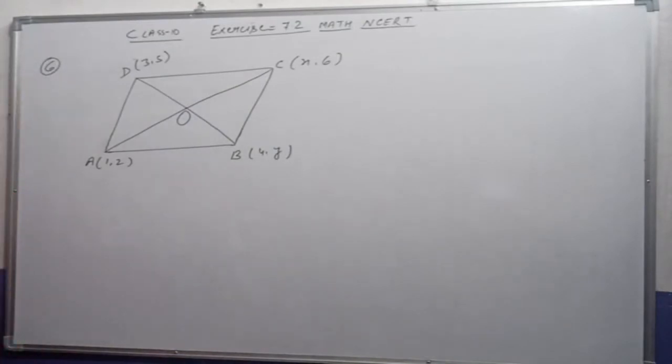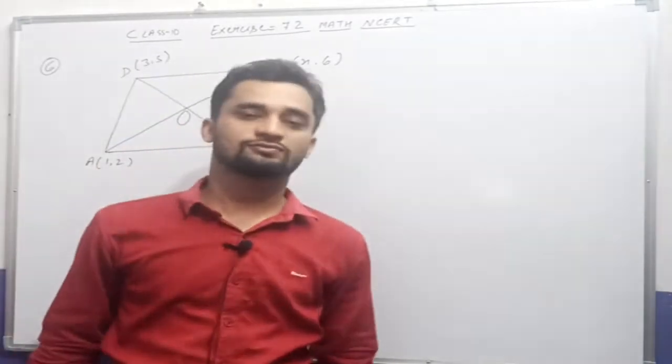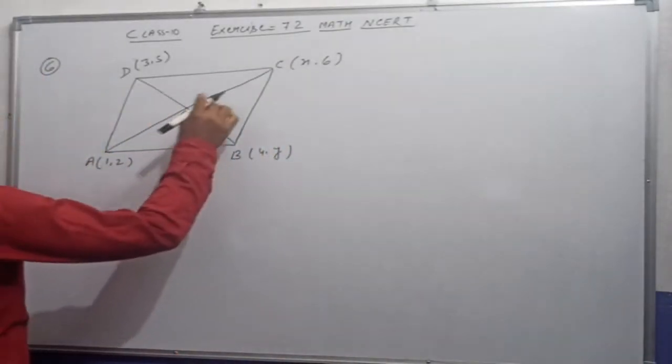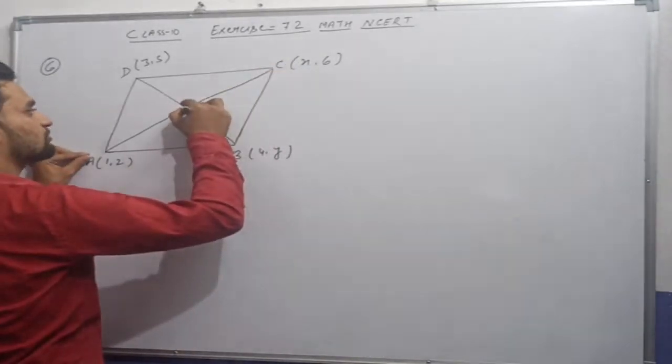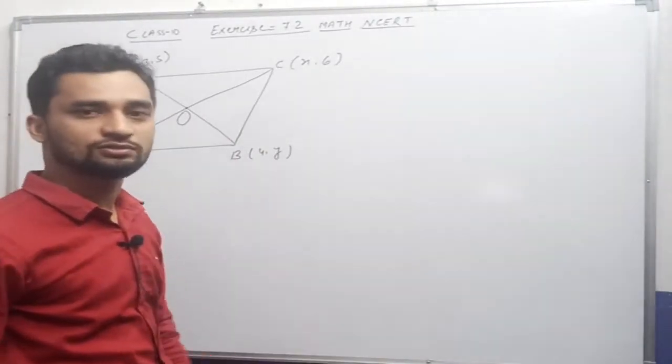So first of all, as we all know, this is a parallelogram, and the diagonals of a parallelogram bisect each other. So for AC, this O must be the midpoint, and if O is the midpoint, then the ratio will be 1:1.